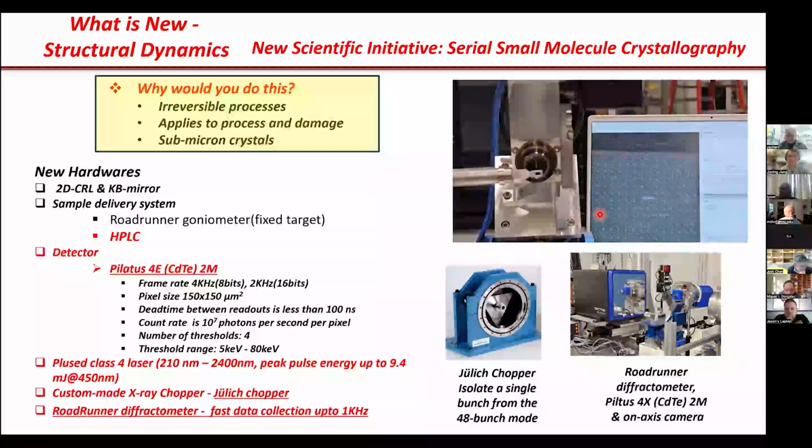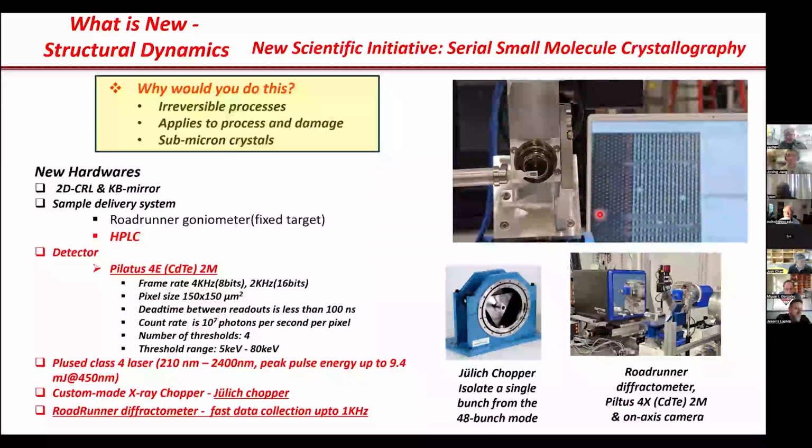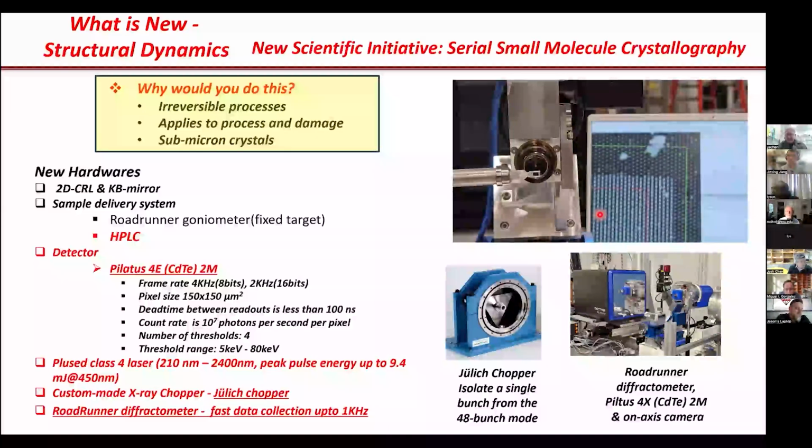Great. So this is, I think, less than 1 kilohertz data collection. You can see that movie. Each dot is a sample of about 20 microns, and the dot spacing is probably 50 microns. Interesting.